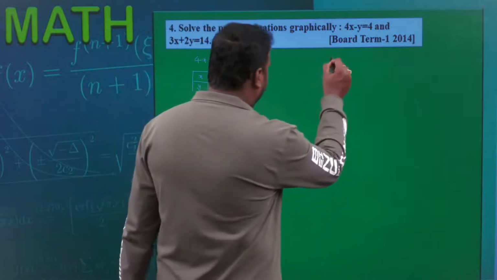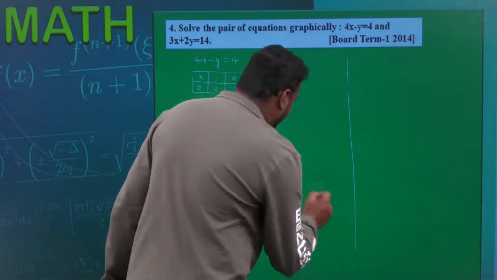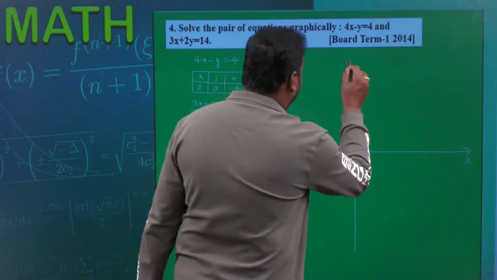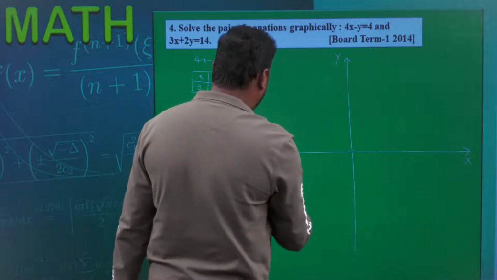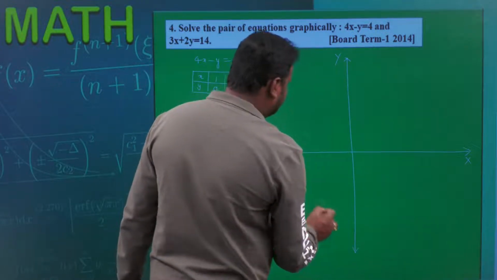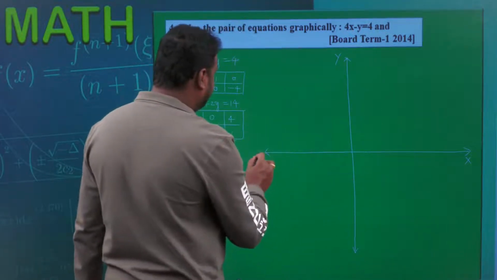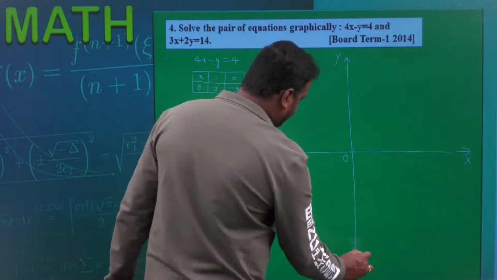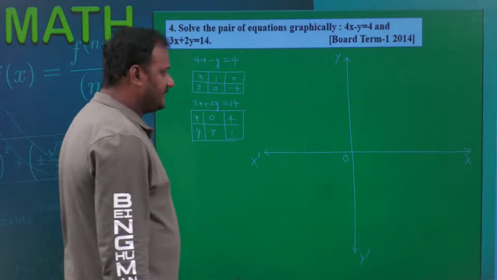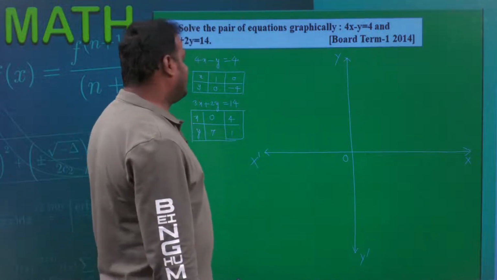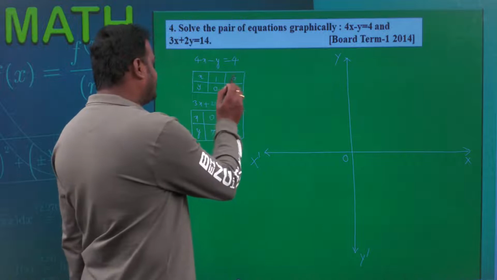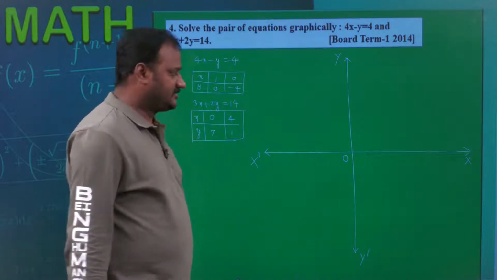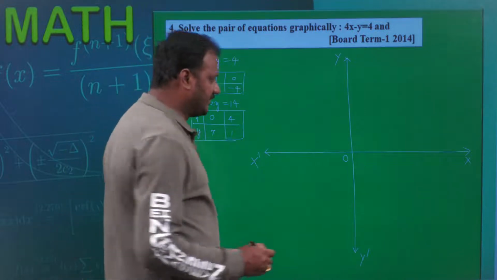Then I am going to draw them on the graph sheet. So this is the x-axis on the graph sheet and this is the y-axis. The x-axis is indicated by x dash o x, and the y-axis by y o y dash. Right. The maximum value of x is 4, so I will take 1 centimeter equal to 1 unit.